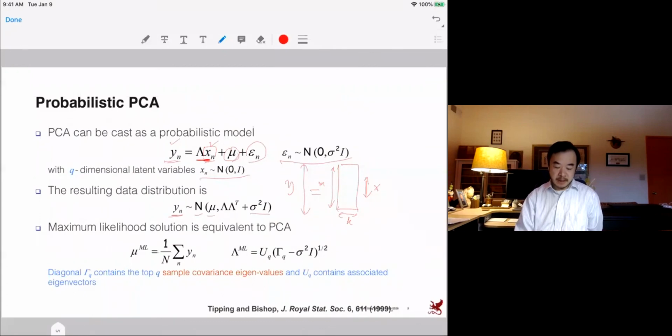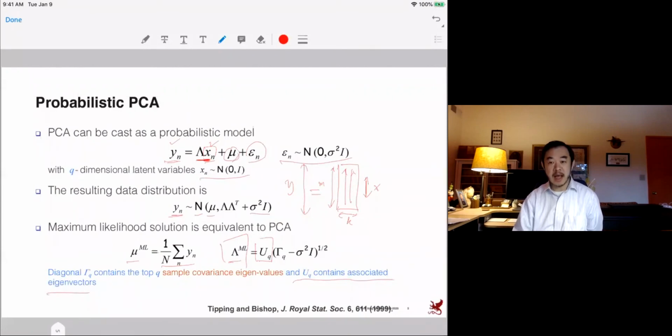So in the probabilistic PCA, the mu is just the data center, the data mean. That's very, very trivial. And then this loading matrix, which is often understood to be the equivalent of that eigenvector matrix in the PCA, is indeed very related to the PCA's eigenvector matrix. You can compute it to be this matrix of the original data.